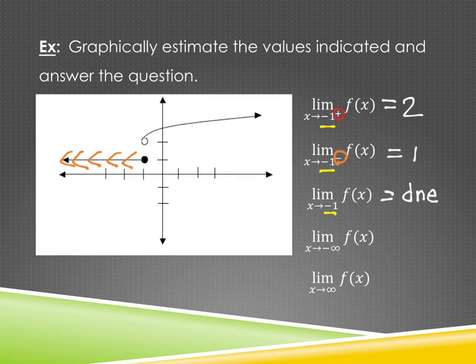What is the y value that I get close to as I move in that direction? I'm actually on it the whole way. It's 1. This one is straight, it's a horizontal line. So it just is 1.